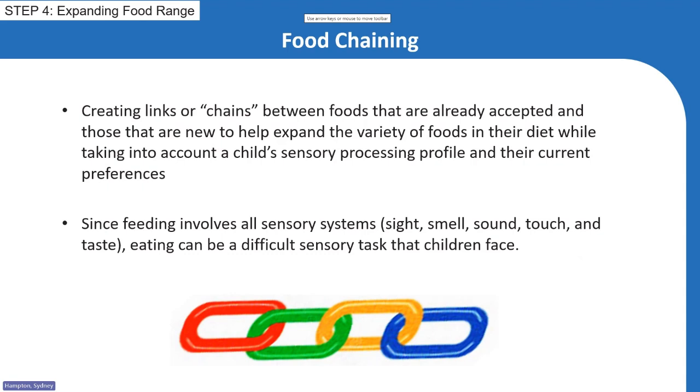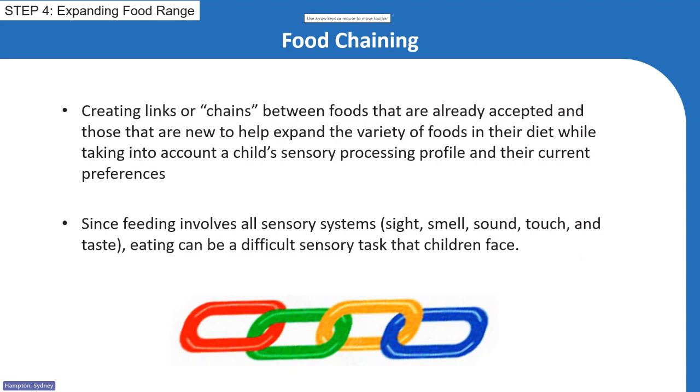The goal is to create links between food that the child currently accepts and those that are new by acknowledging their sensory preferences. So, creating links or chains between those foods that are already accepted and those that are new helps to expand that variety of food in their diet. But it also takes into account their sensory processing profile and their current preferences.